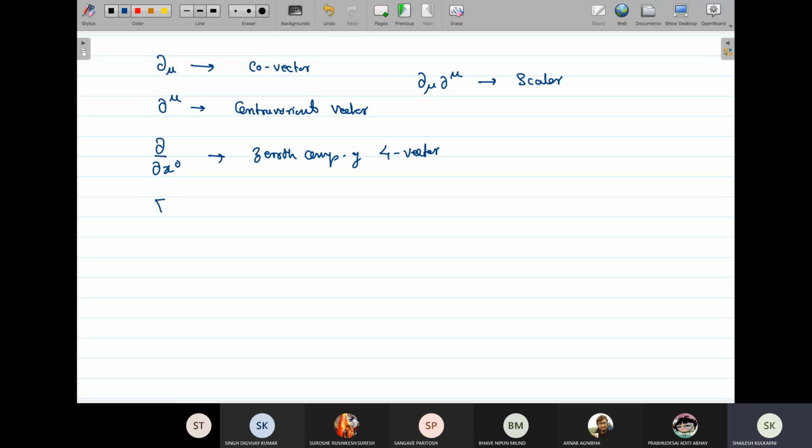How will this quantity transform? This quantity will transform like the spatial components of a 4-vector. And what is that 4-vector? That 4-vector is this. Agree?